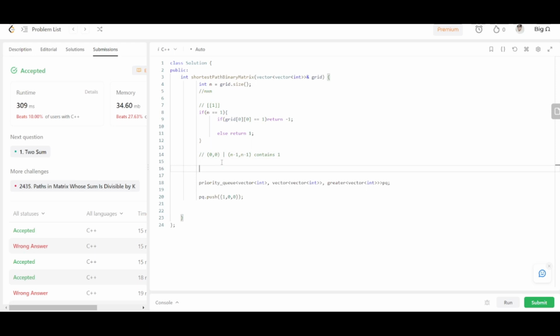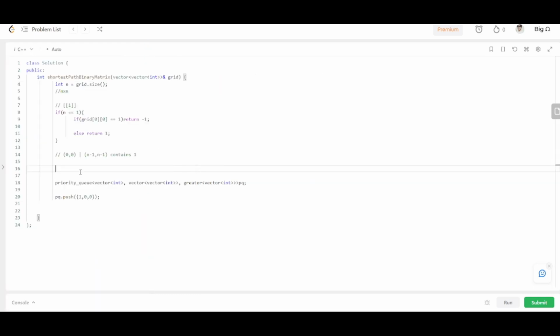So in that case, if grid[0][0] plus grid[n-1][n-1] is not equal to 0, then we return -1 because there is no valid path.